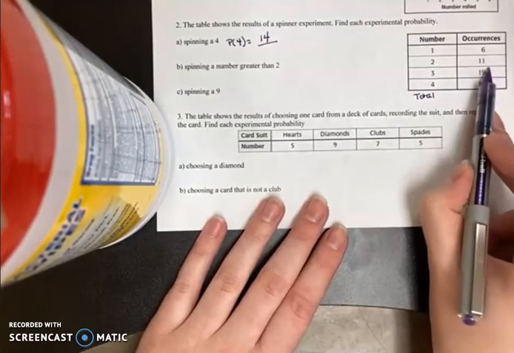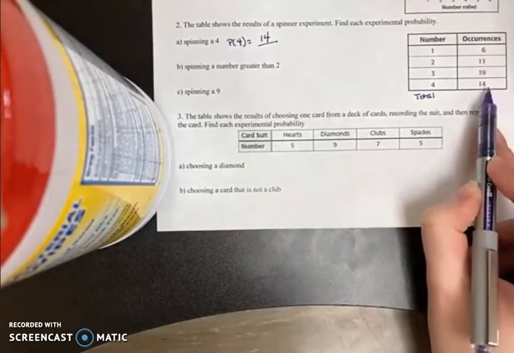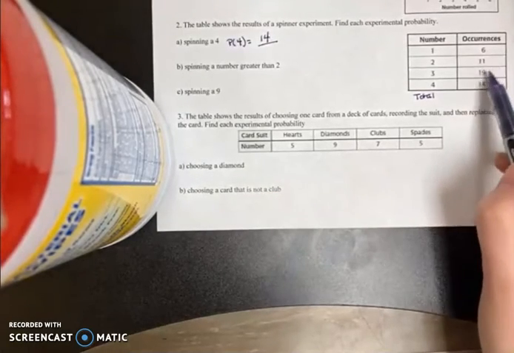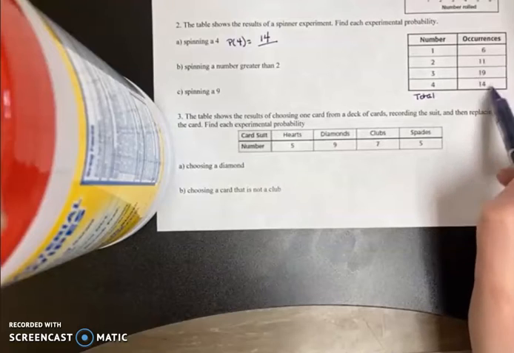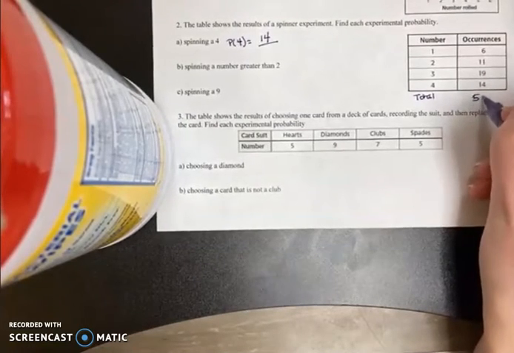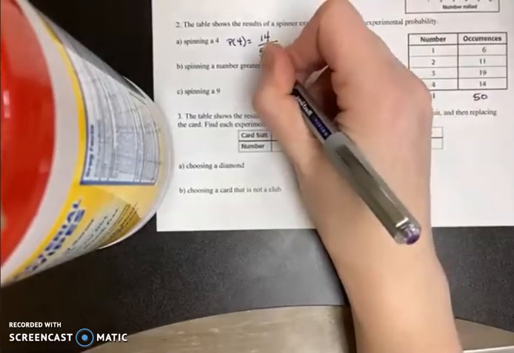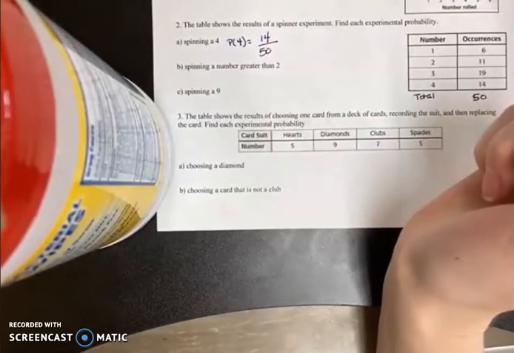So 6 plus 11 plus 19 plus 14, let's see, these two create 30, these create 20, so 30 plus 20 is 50. So there are a total of 50 spins.